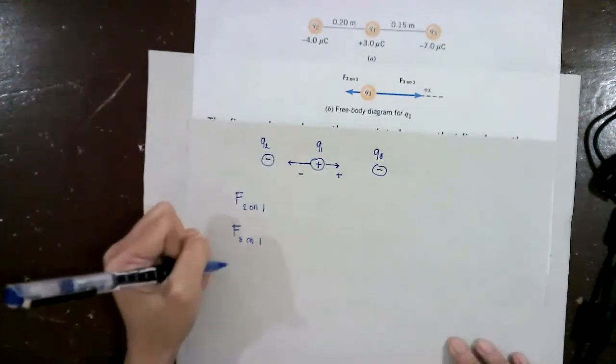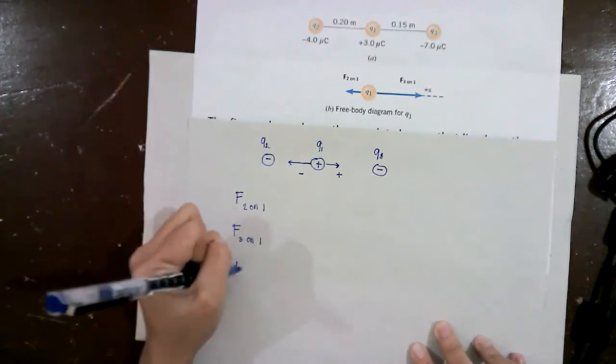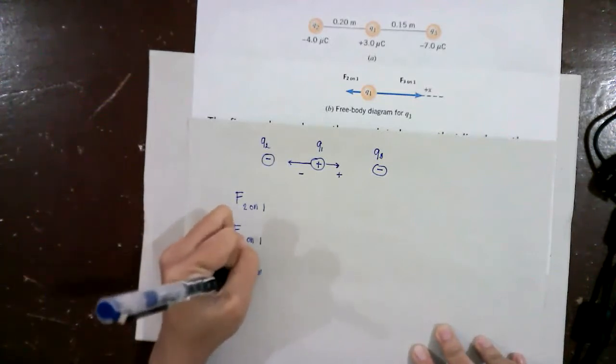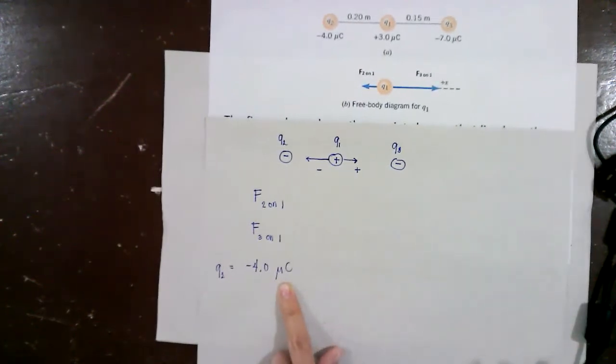So your Q2 is negative 4.0 microcoulomb. So this sign, if you can see, this is mu. It looks like letter M and letter U, small letter M and letter U. This is actually a Greek letter. So we are going to call this mu, which is equivalent to 10 raised to negative 6.